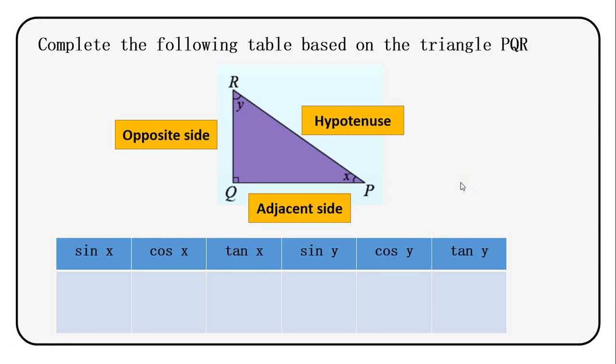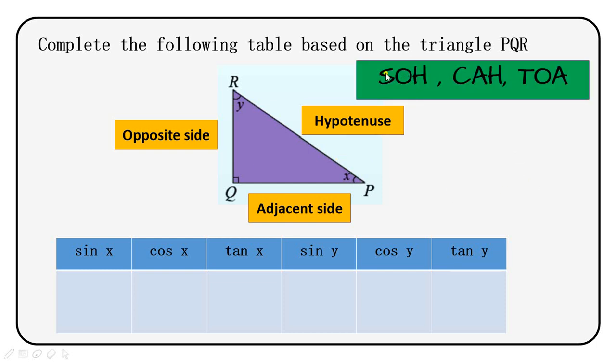So sine x equals, remember the formula, opposite over hypotenuse, opposite QR, hypotenuse PR. So QR over PR for sine x. Cos x, adjacent over hypotenuse, adjacent PQ, hypotenuse PR. So PQ over PR. For tangent x, opposite over adjacent, opposite QR, adjacent PQ.